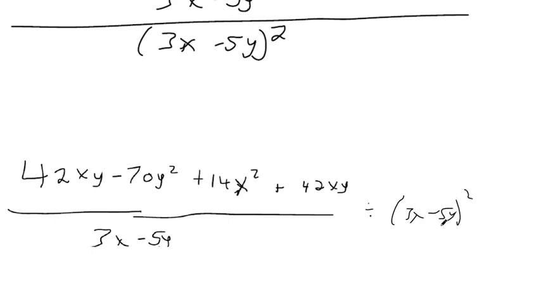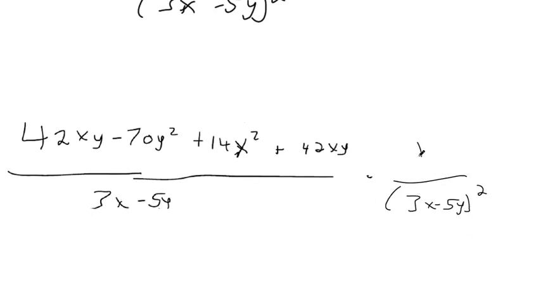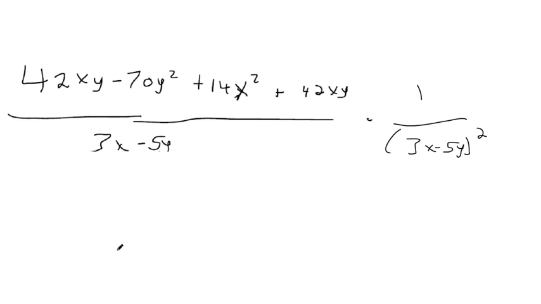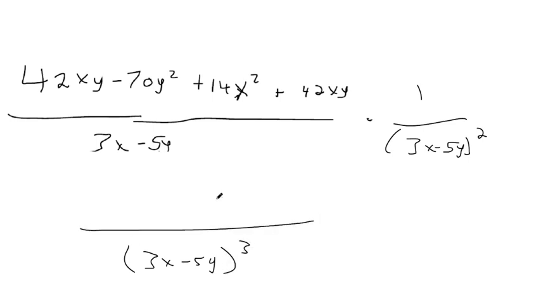So when you divide something, you could flip and multiply. So let's change this to multiplication, and I'm doing 1 over 3x minus 5y squared. So if I multiply straight across the numerator, straight across the denominator, we're going to get 3x minus 5y to the third on the bottom.